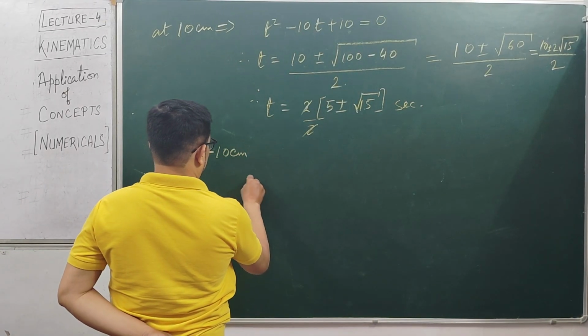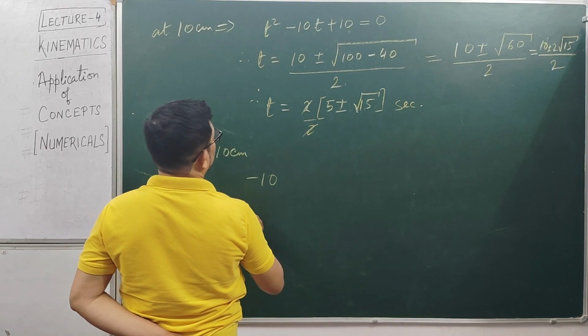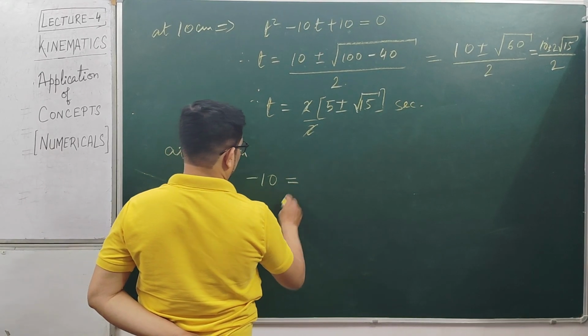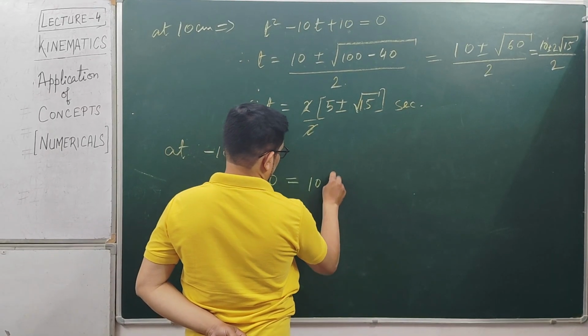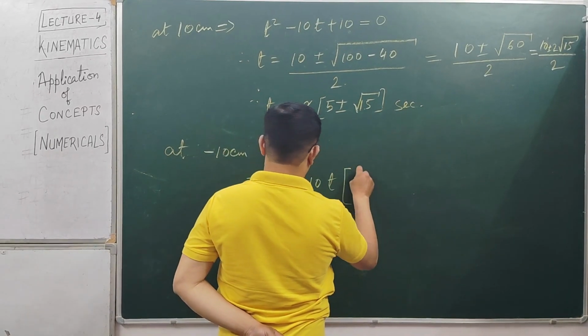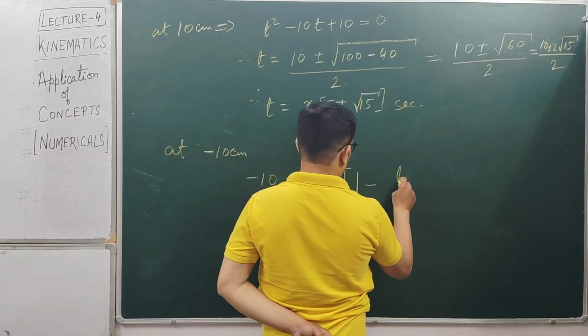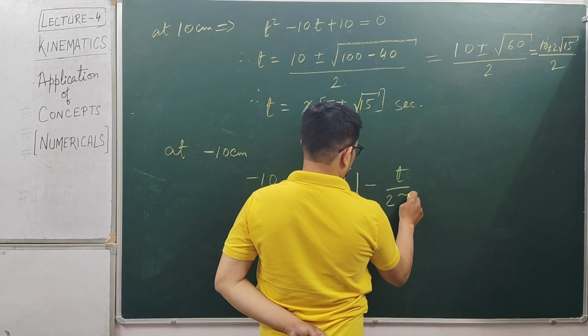So we get minus 10. Putting the same in the equation there, we had this v naught t, which was 10t, and in the bracket we had 1 minus t by twice of tau.